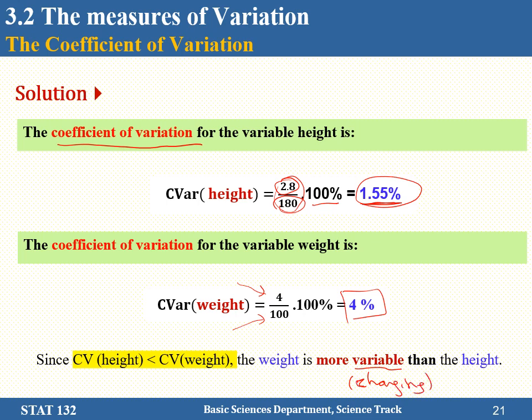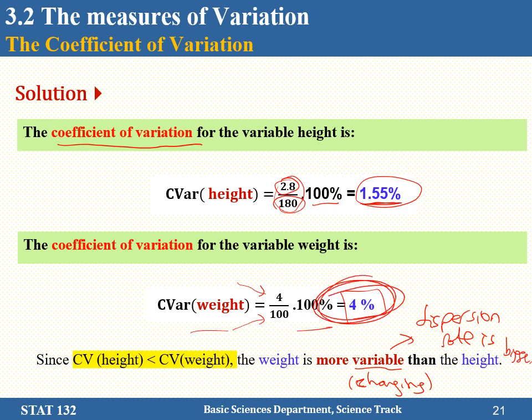So you can say here the dispersion rate is bigger than the one in the height. So you can say here the weight is more variable or more changing than the height.